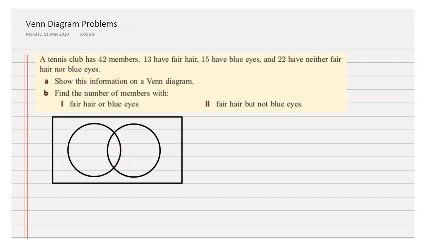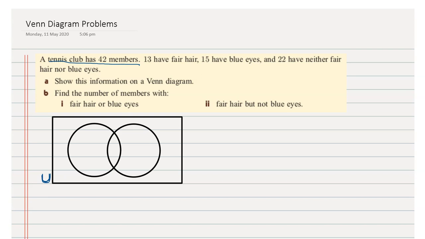Now to finish annotating the diagram for the basics, the universal set U is on the outside, and it is going to refer to the tennis club and its members. And then there are two more sets here.